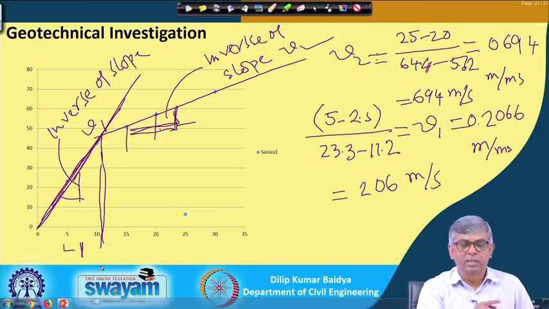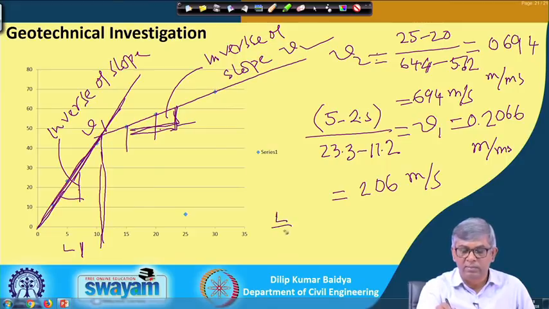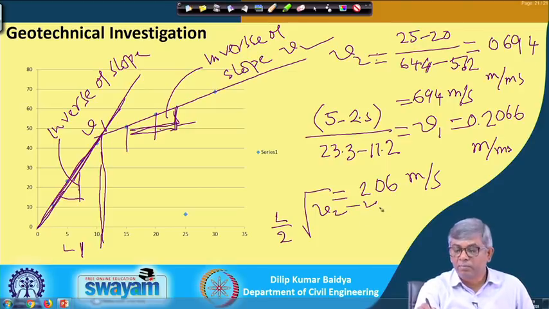That formula is L by 2 multiplied by the square root of V 2 minus V 1 by V 2 plus V 1.